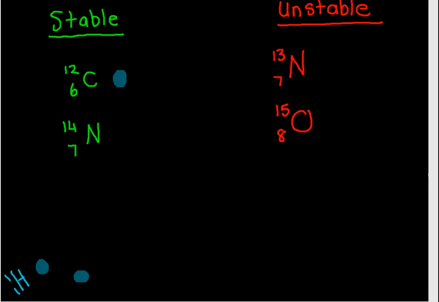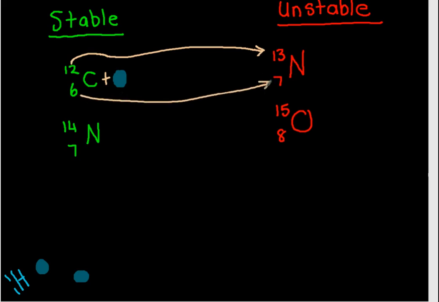And what happens when they do this is they take the proton, and then you can see the mass number is increasing, you get 13, and the atomic number is increasing, and we have 7 now, which gives us nitrogen 13, which is not a stable nuclide or nucleus.